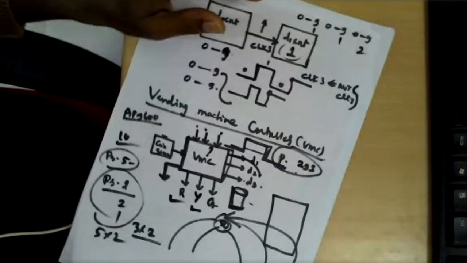Fine. Now you look there. Now we are going to design one vending machine controller, right? So we know the theory, what a vending machine controller is, how it works. Now we will see the design. You read this one now. 6.12.